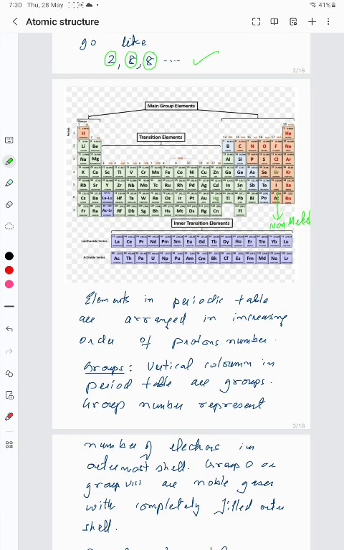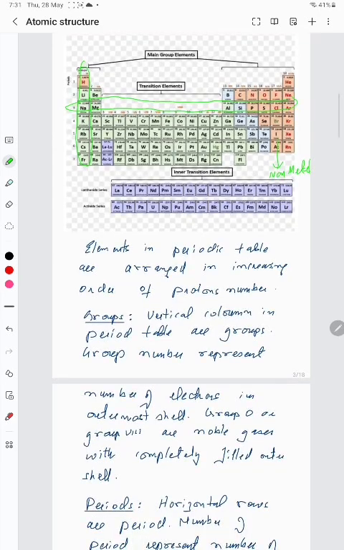Elements in the periodic table are arranged according to their proton number, in increasing order of proton number. Proton number increases from left to right. If you consider vertical columns, these are groups. And if you consider horizontal rows, these are periods.